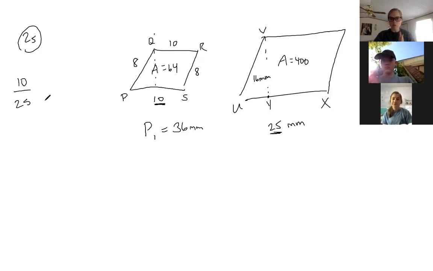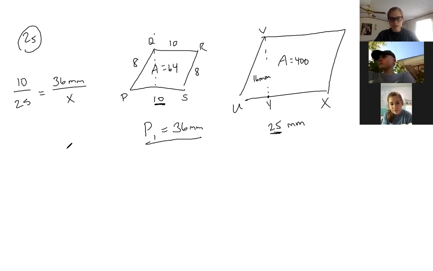I know that corresponding sides are going to be equal to the perimeters. So side 10 relates to the perimeter of the first parallelogram. So therefore, I can find the perimeter of the second parallelogram by setting up a proportion. So cross multiply, 25 times 36.